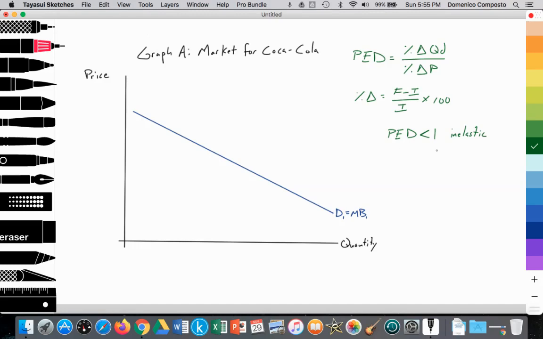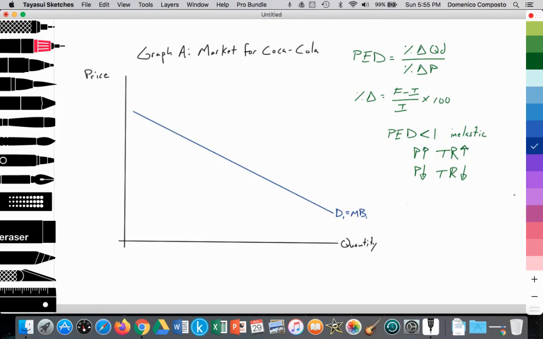So when it's inelastic, as we raise price, total revenue rises, and vice versa. If we were to lower price, total revenue would fall, and that's what we covered in the previous video.